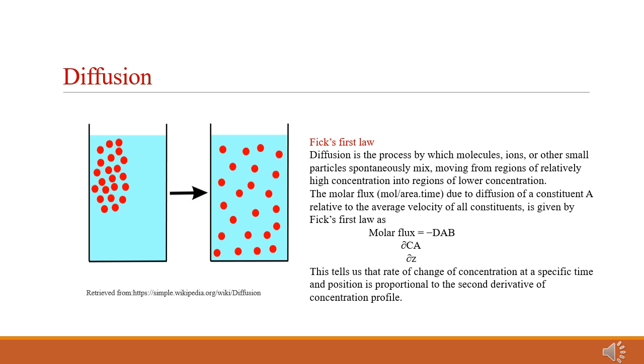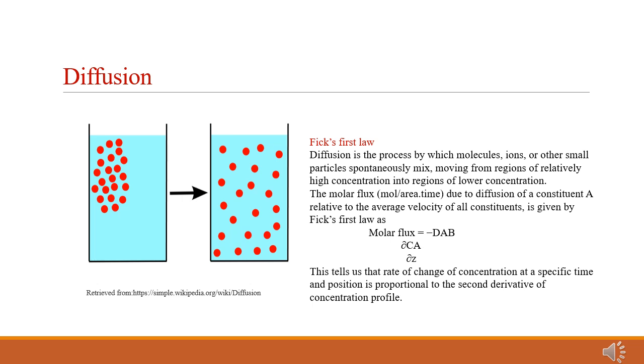As for Fick's first law, diffusion is a process by which molecules, ions, and other small particles spontaneously mix, moving from regions of relatively high concentration into regions of lower concentration. And this tells that rate of change of concentration at a specific time and position is proportional to the second derivative of the concentration profile.